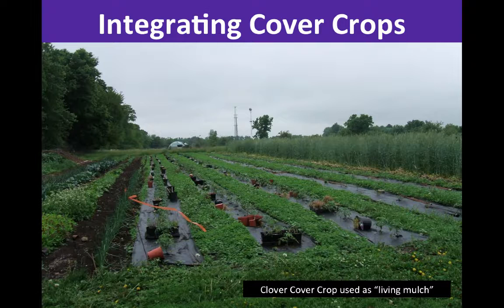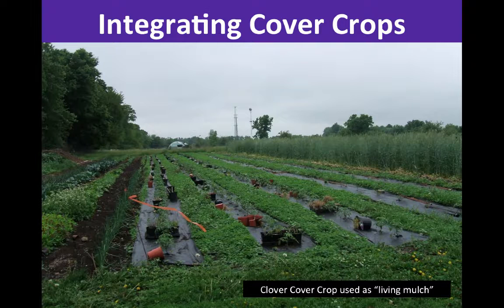Then what we did was we laid down fabric mulch over top of that terminated and tilled area and planted through the mulch, leaving this living mulch behind in the row middles. This can be a really nice way to manage weeds and also help provide protection for the soil in the row middles. One of the things that's really common is, especially if we get periods of wetness, when people are walking through the garden or through the field in order to harvest or plant or prune or do all those kinds of things, they tend to tear up that soil in the row middles very, very quickly.